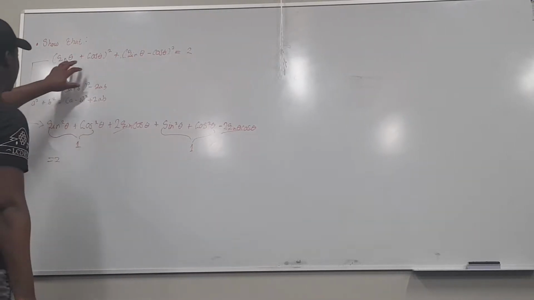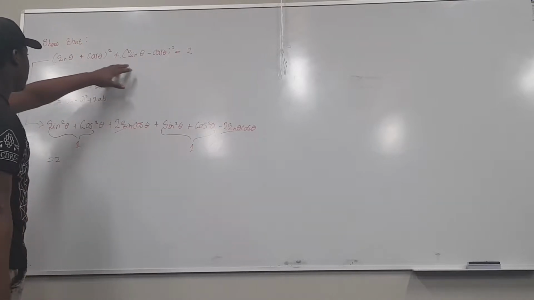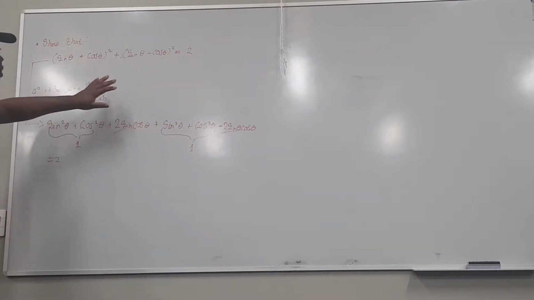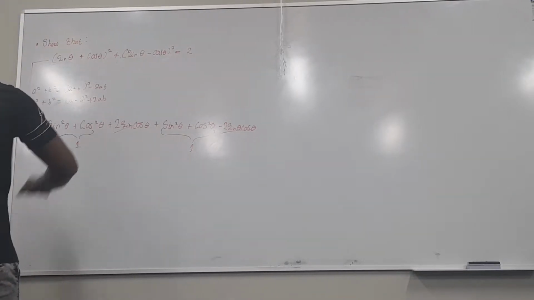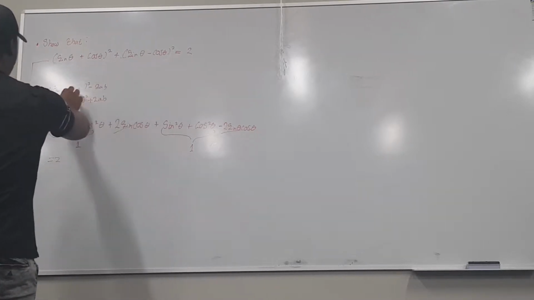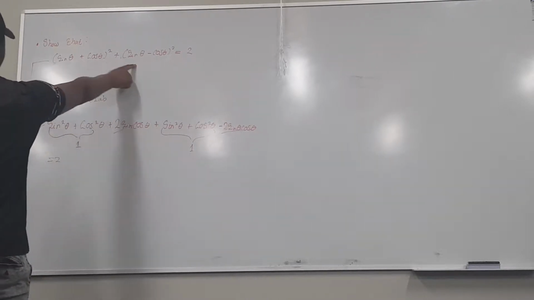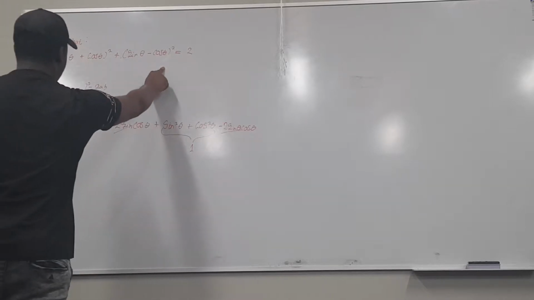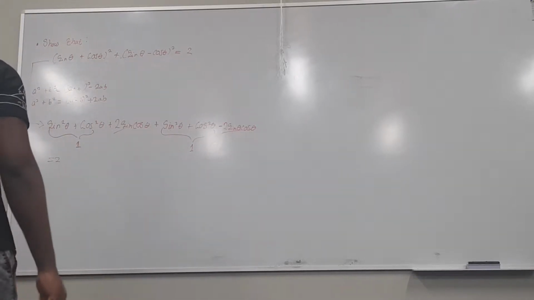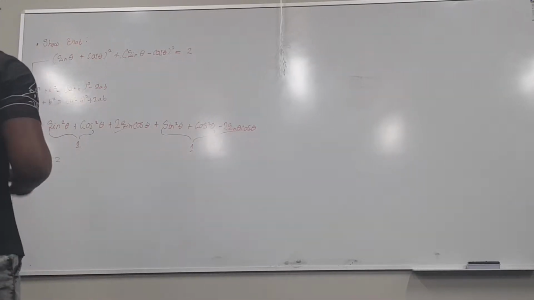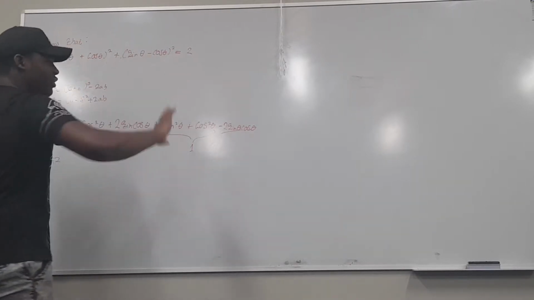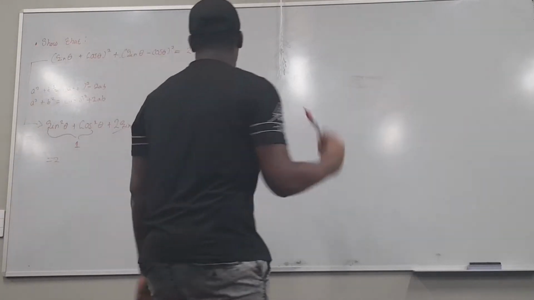I say A plus B, add these two together. So you have 2 sine theta. This is A, this is B, so you add both of them together, and the cosine goes away. So you have 2 sine theta, all squared, minus 2. You can do all that on your own, it's not too hard really.